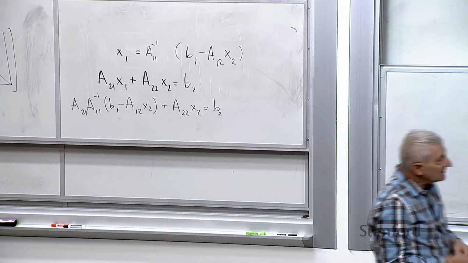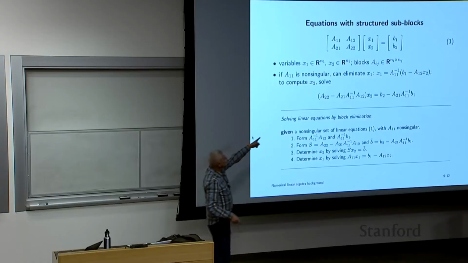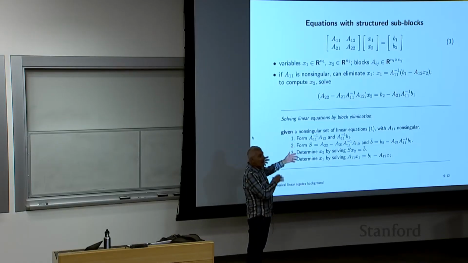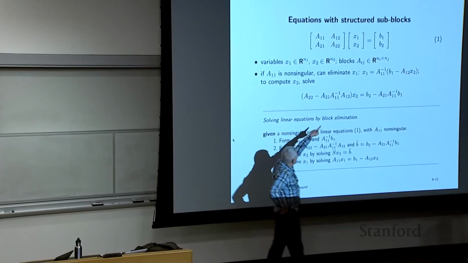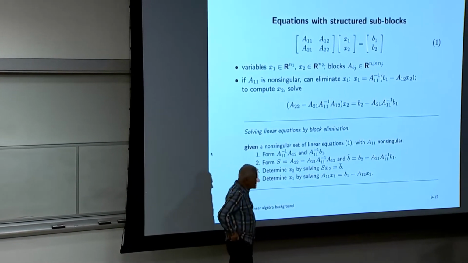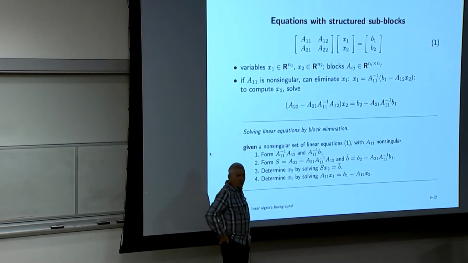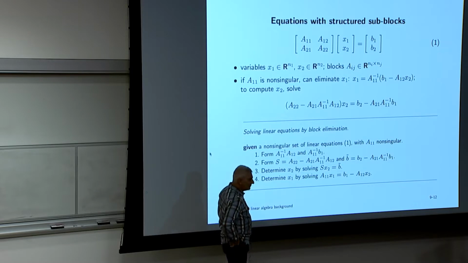Then I rearrange that to look like this equation here, and that's another equation in x2. This matrix here is famous, and it's called the Schur complement of the original matrix. I can't remember if it's with respect to the 1,1 or 2,2 block, and I don't remember which it is. It doesn't matter. It's a Schur complement. You've probably seen it before.